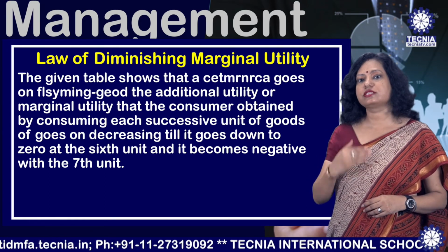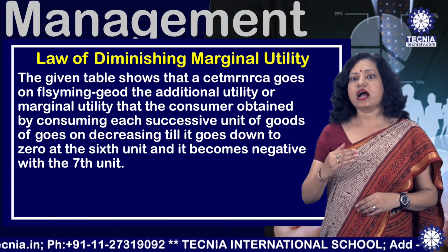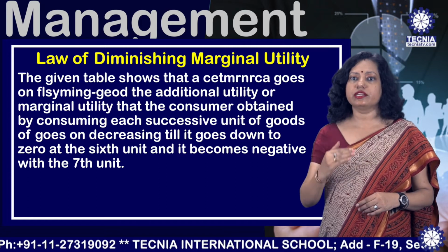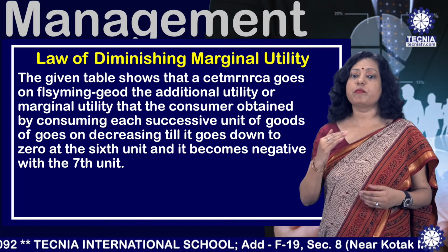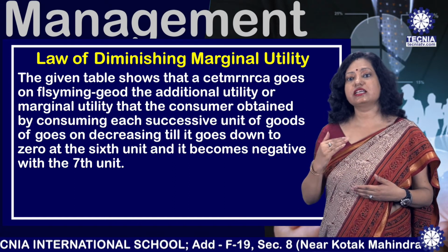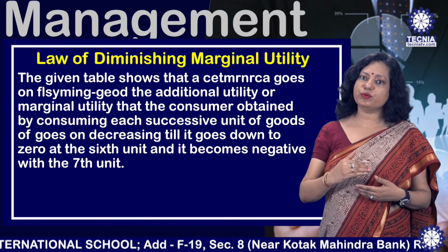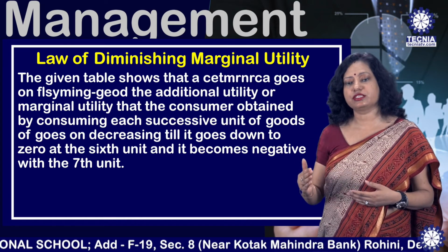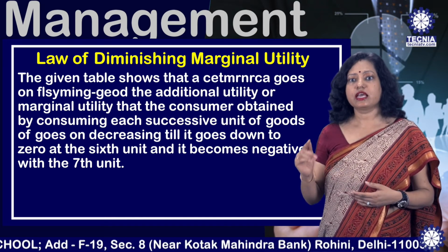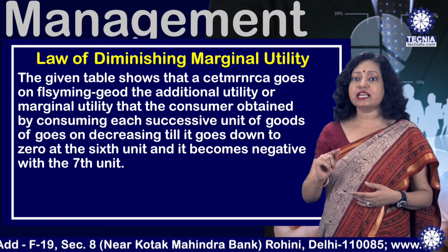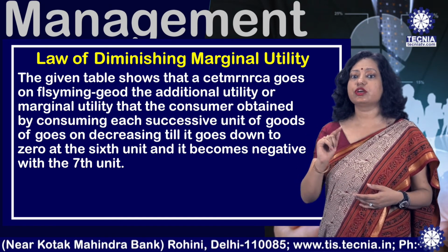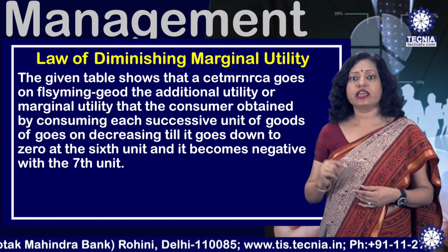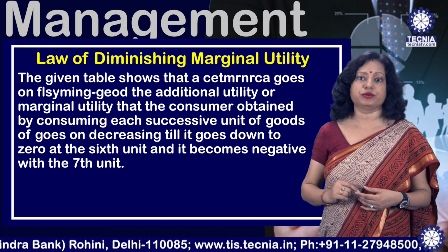This table shows that as consumption goes on increasing, the additional utility or marginal utility that the consumer obtains by consuming each successive unit of good X goes on diminishing till it goes down to 0 at the 6th unit, and it becomes negative if the 7th unit is consumed.